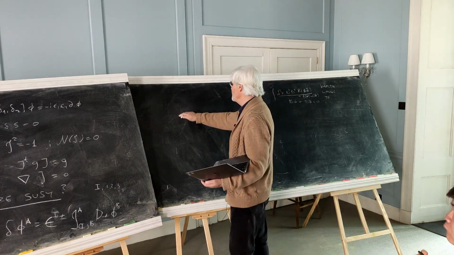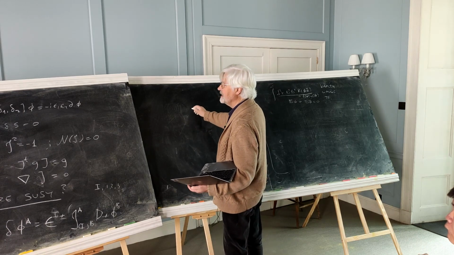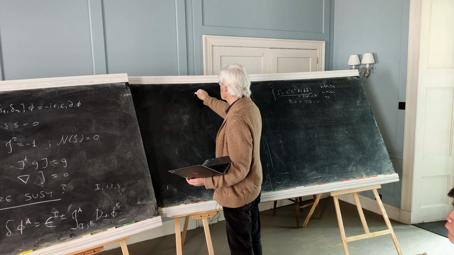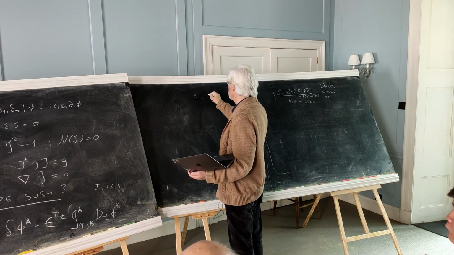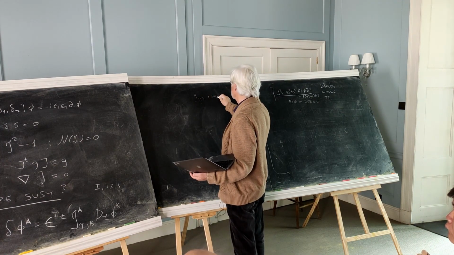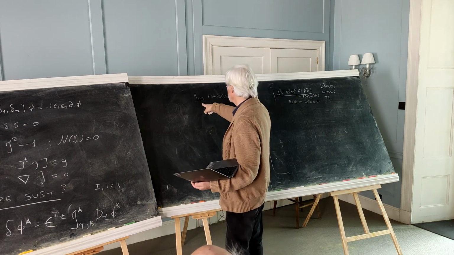So what we find from closure of the algebra is that they're all complex structures, for all 3.